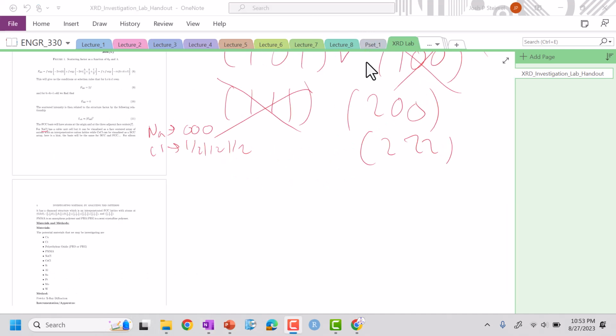The key difference here is that it's going to be very similar to our BCC calculation, but we're going to have a little f of Na and a little f of Cl, and there's a little bit of nuance to this.